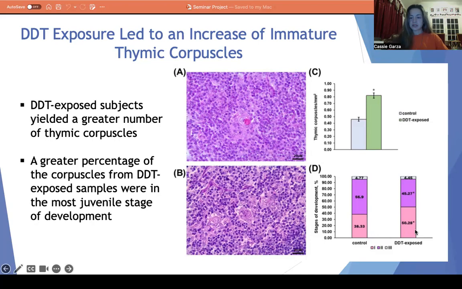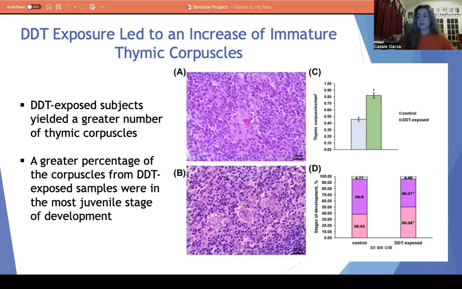You can see that the DDT exposed has many more that are in the first stage of development, and many less that are in the second and third stages. So remember I said that the first stage is going to be very underdeveloped cells. And that's just correlating with everything that we've been saying: DDT is causing more underdeveloped cells.